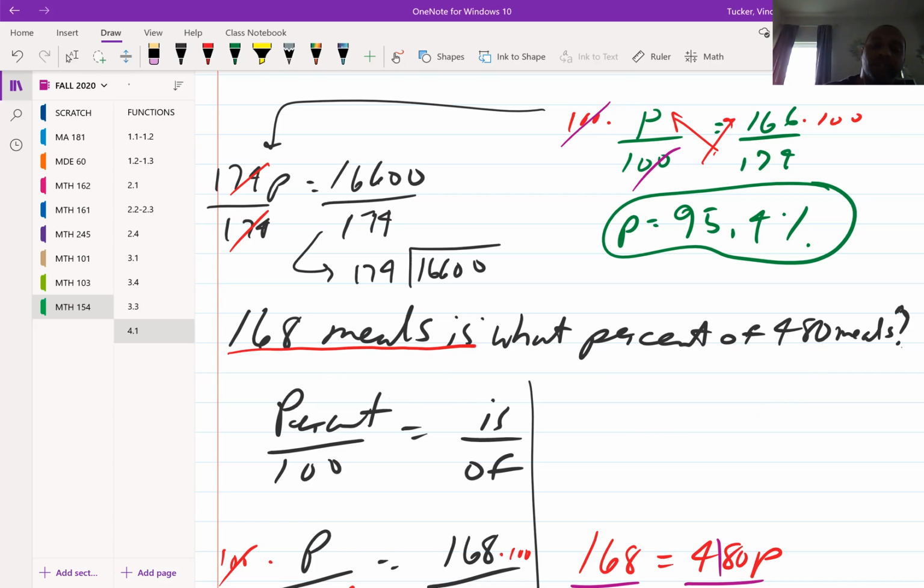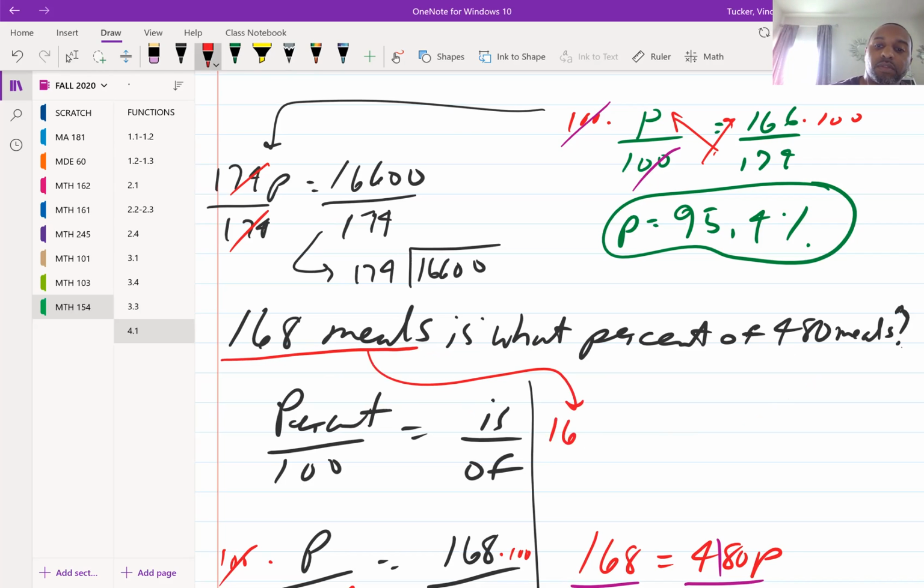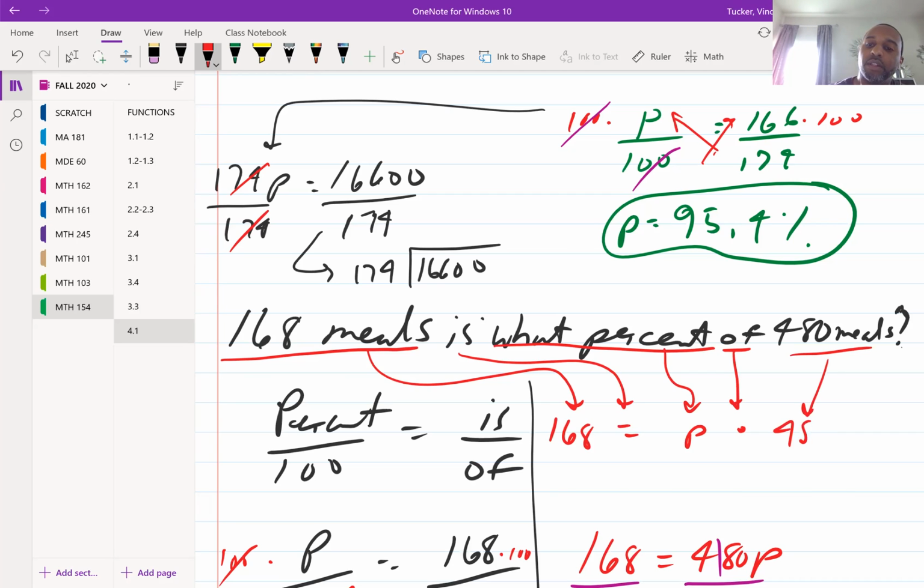Another way of doing it is to set up an equation. You've got 168 is, an equal sign, what percent is P, and "of" mathematically means multiplication, then 480.